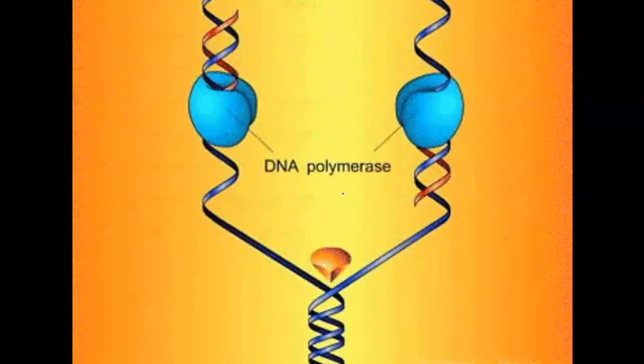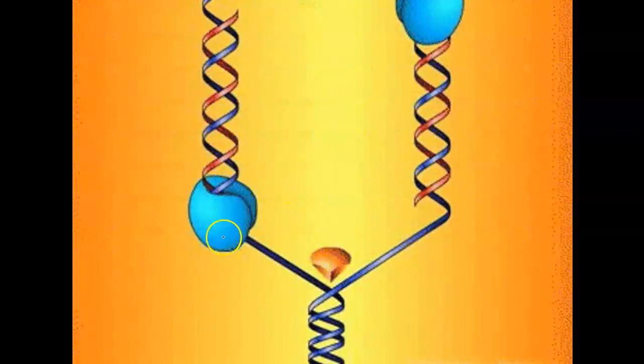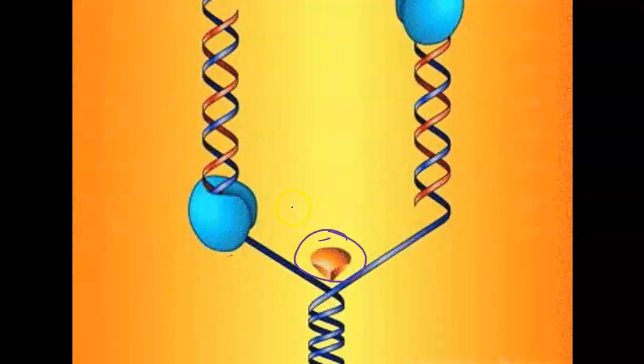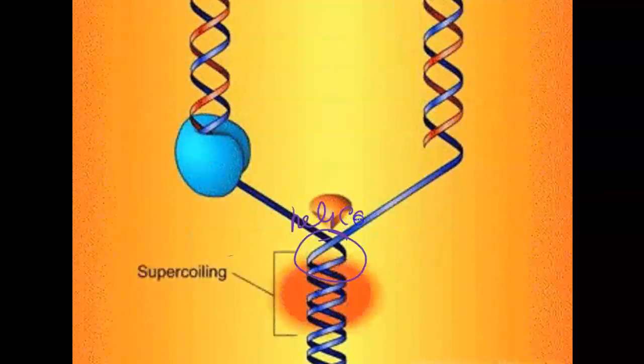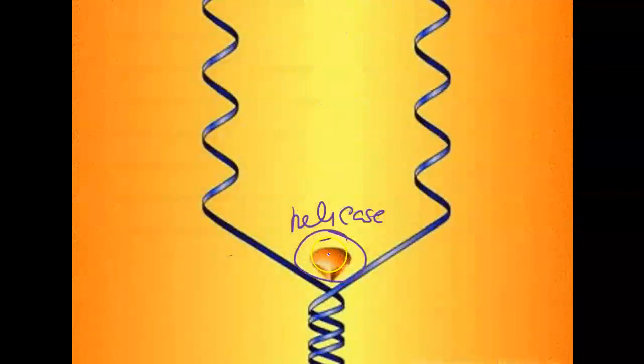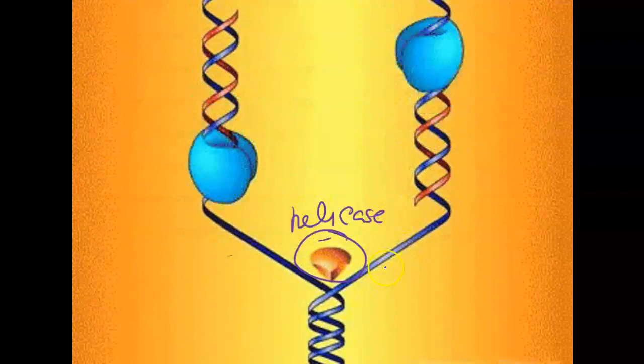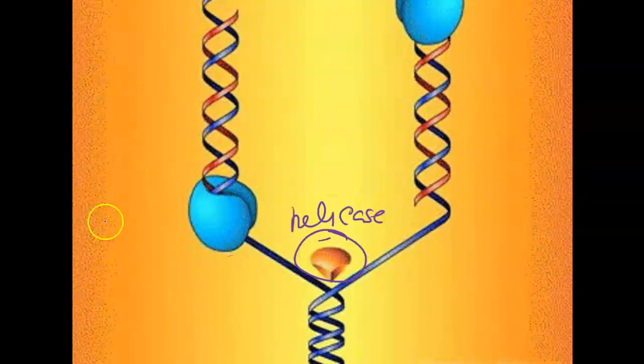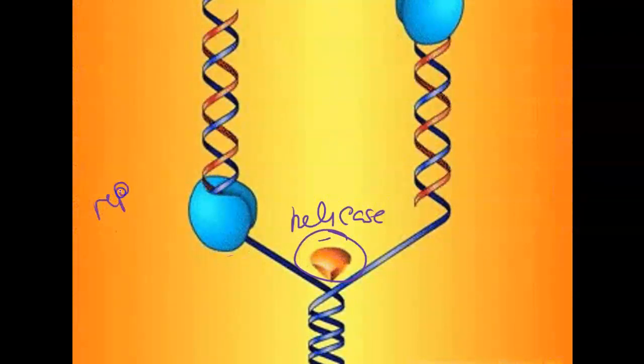This is a little GIF that I like that shows you the process of the unzipping. I don't know if I can write on this or not. Oh, I can. But there's your helicase. Okay. Helicase is going to unzip. This structure here that forms is called a replication fork. Replication is the process.